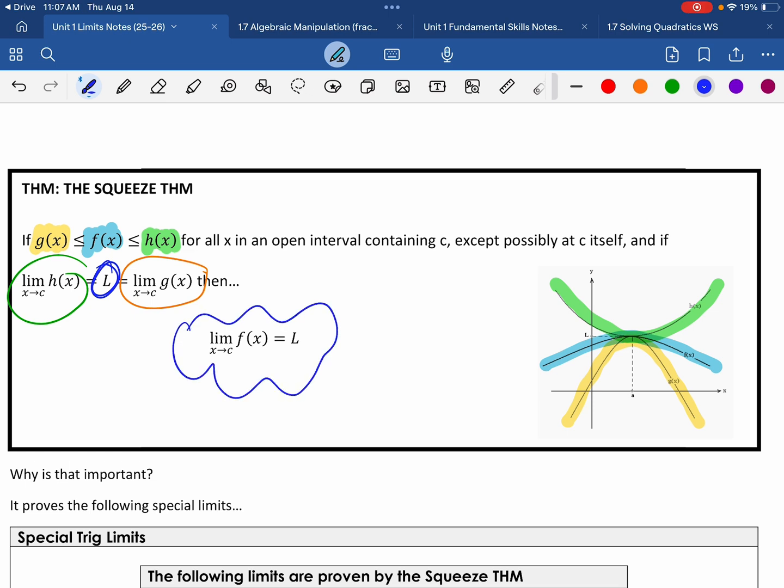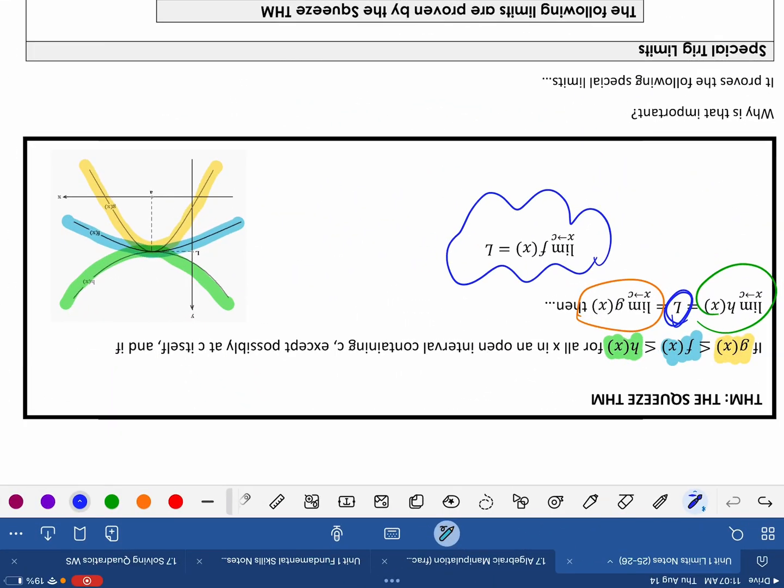It's kind of obvious. If the top one's limit is L, and the smaller one's limit is L, that means the middle function's limit has to be L. So it's just a compression. It squeezes them together, and the middle one gets squeezed with the other ones, and the limit will also be L. Okay?